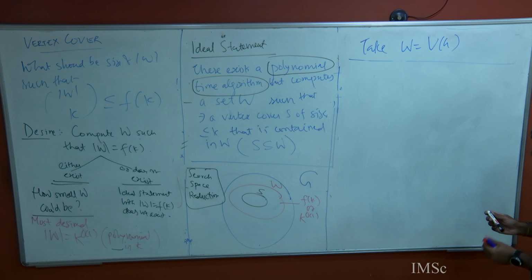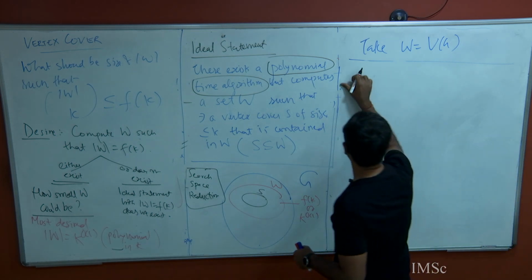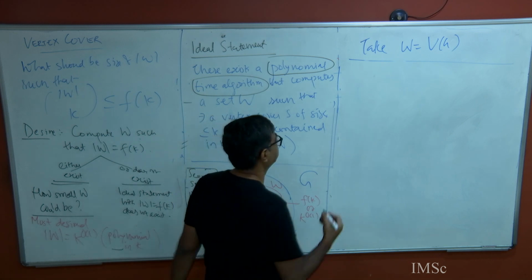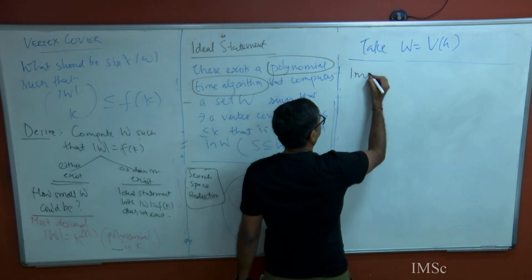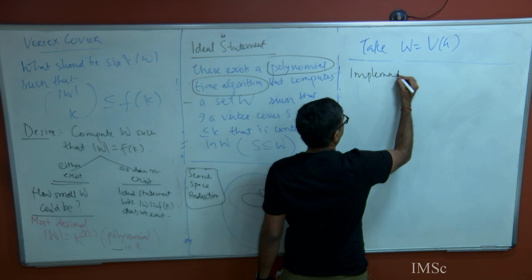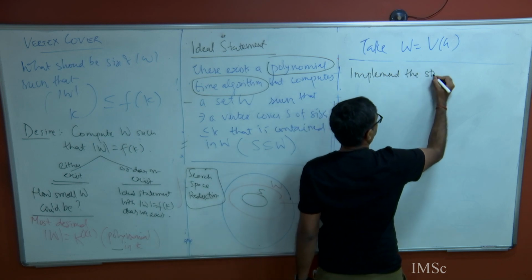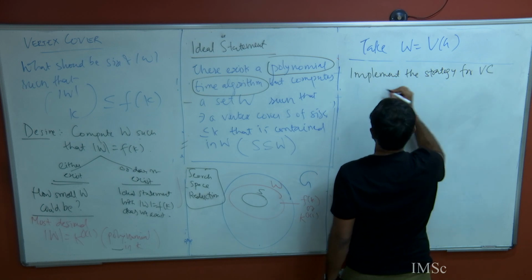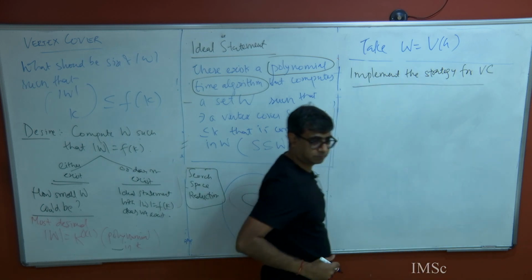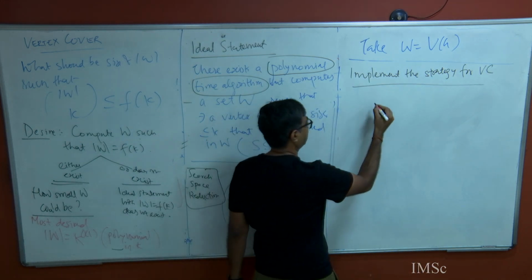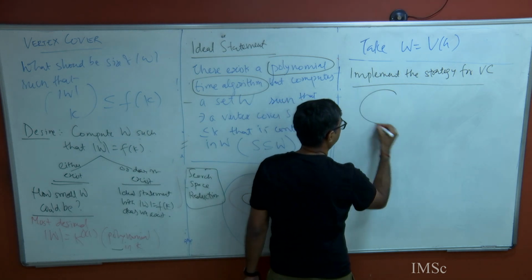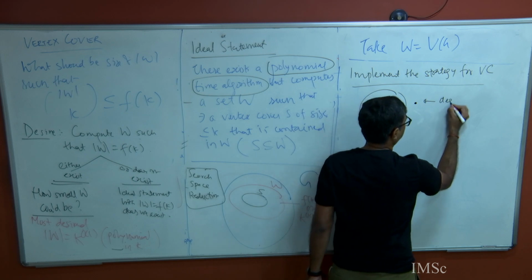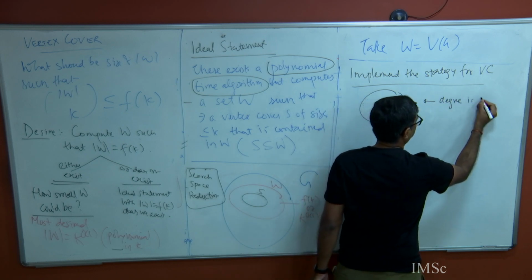Okay. So, let us say now what we want to do. We talked philosophy, let us do the implementation of the philosophy. Now we want to implement the strategy for vertex cover. Suppose I have a graph G here, and I have a vertex whose degree is 0.